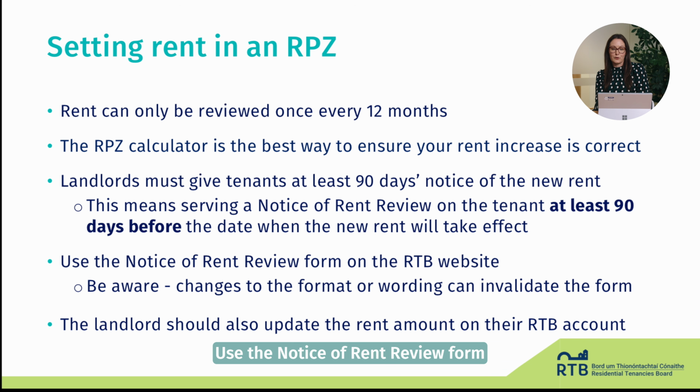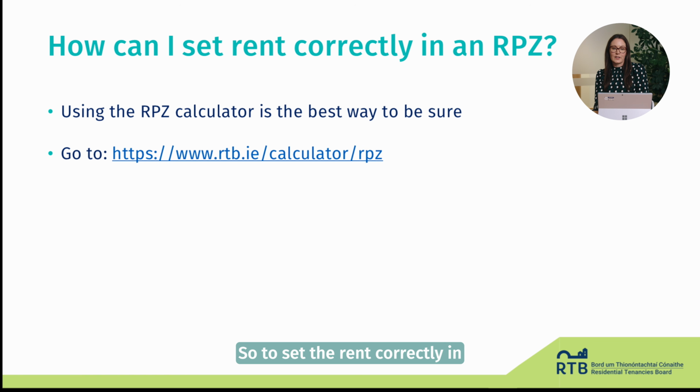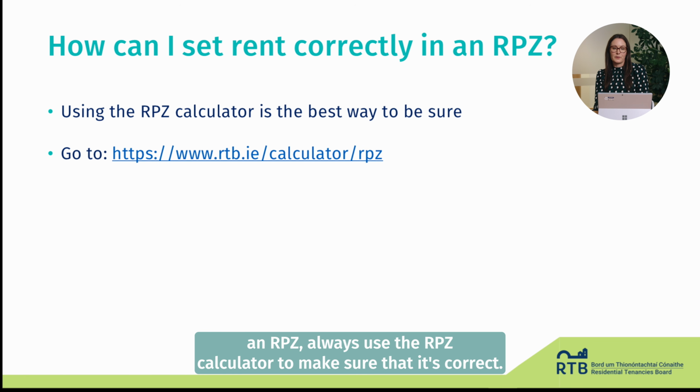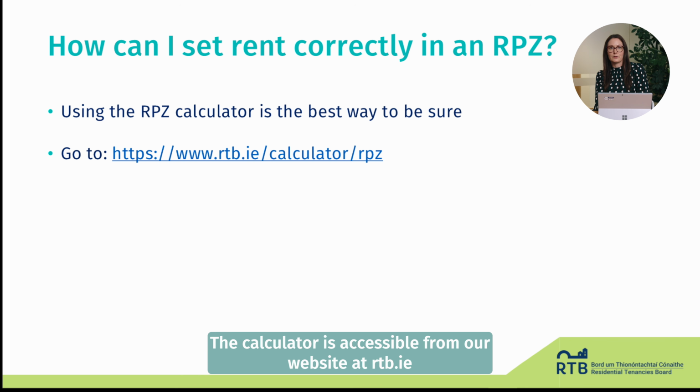Use the Notice of Rent Review form available on the RTB website, and be aware any changes to the format or the wording can invalidate the form. Landlords should also make sure that they update the rent amount on their RTB account. So to set the rent correctly in an RPZ, always use the RPZ calculator to make sure that it's correct. The calculator is accessible from our website at rtb.ie.